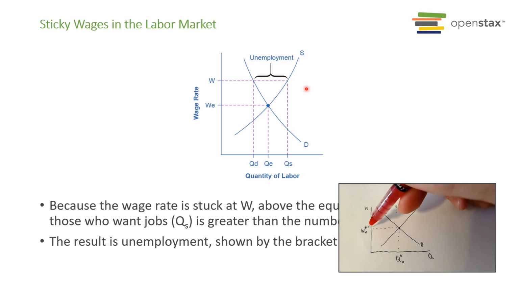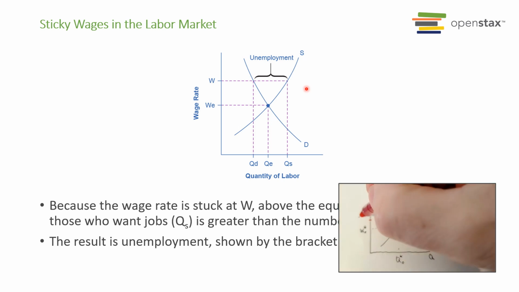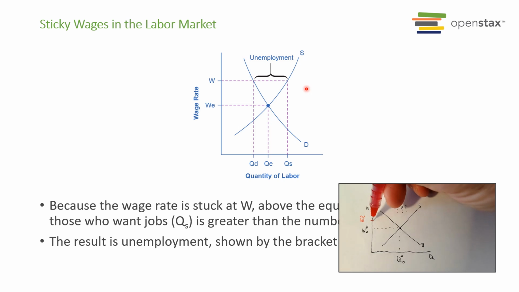So going back to the picture that we drew, let's say this is the equilibrium wage that would show up, but if wages are stuck there, let's put W with a tilde there to indicate a sticky wage. And if we draw that line across, we're going to end up with a gap here. This is going to be a surplus, right?